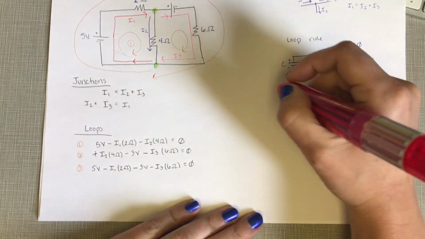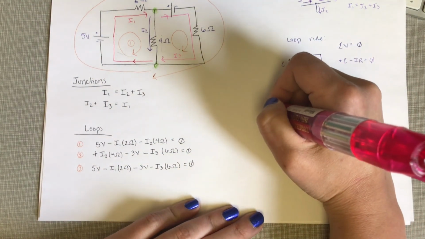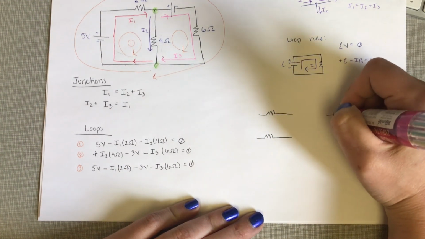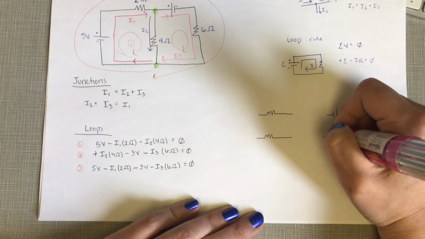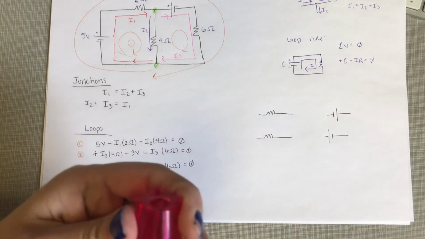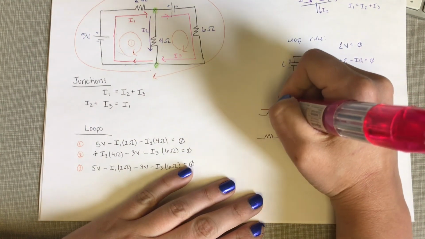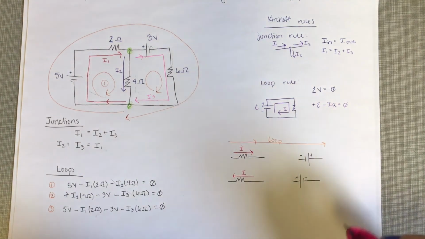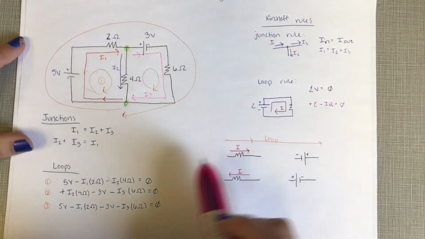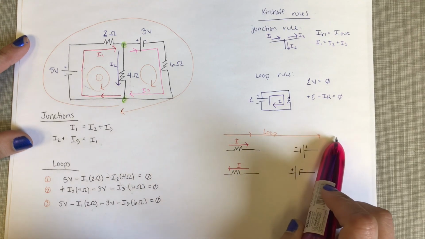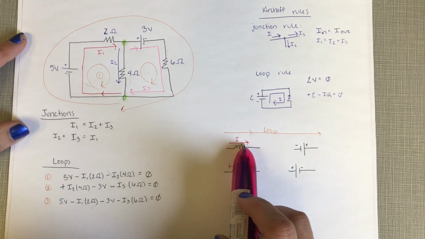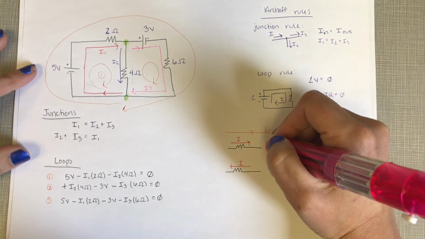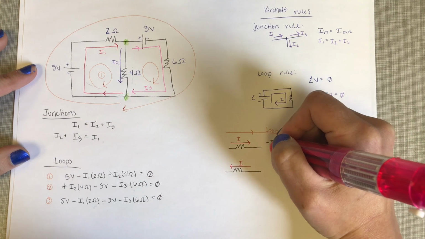Okay, so to summarize, in general, if our loop is going this way, if we are going with the current through a resistor, that is a current drop, so that's going to be minus IR.